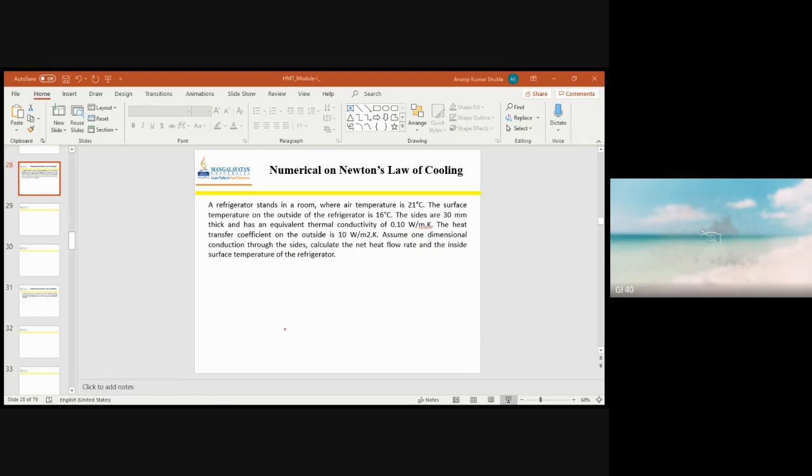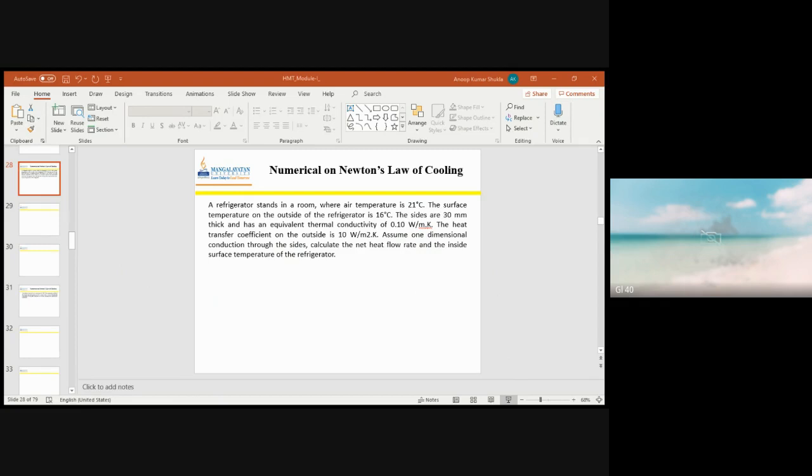So what will be the convective heat transfer? So this is the amount. Convective heat flux is calculated with Q upon A equal to h times T infinity minus the outer surface temperature of the wall.